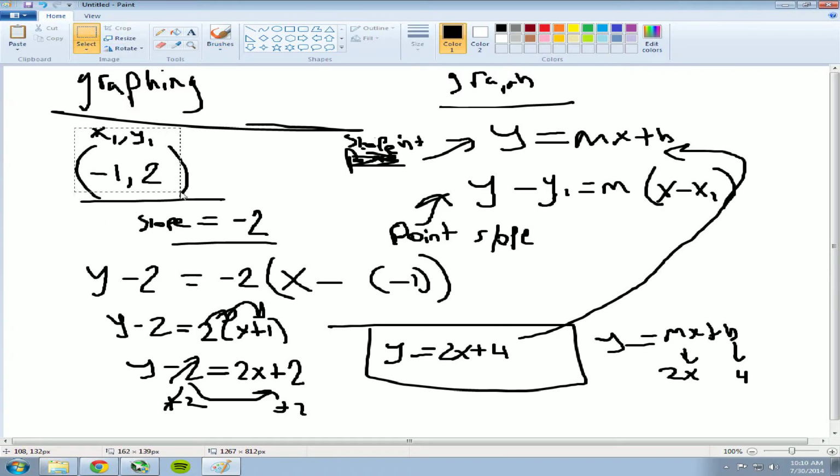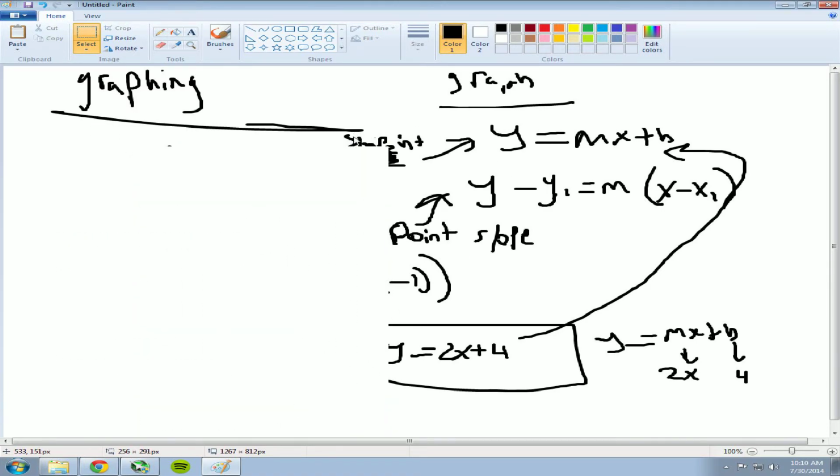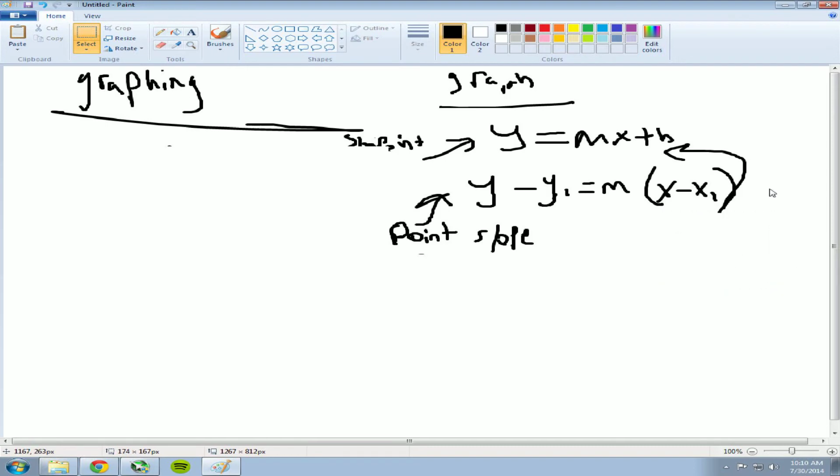Now, one more thing I want to talk about is 2 points. So what about finding a graph with 2 points, where it's like (3, 1) and (4, 2)?